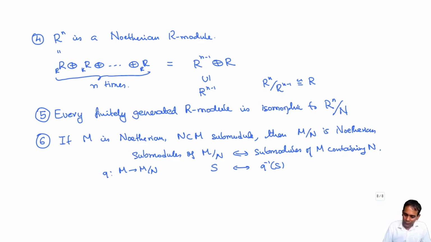So now we know that R is Noetherian, we know that R^n is Noetherian, and we know that R^n mod N is Noetherian.